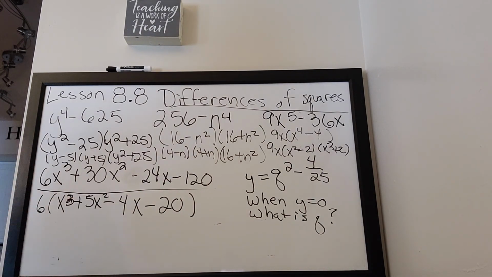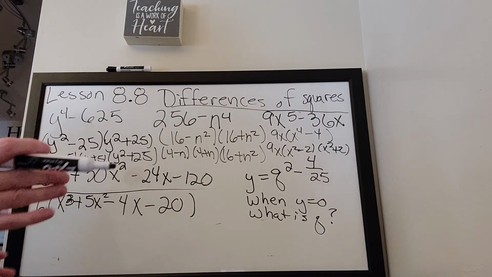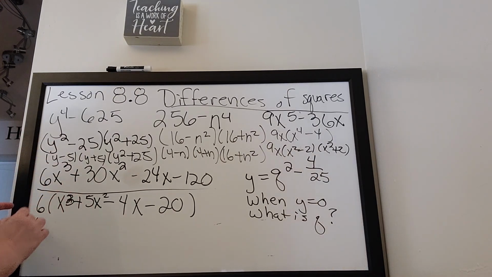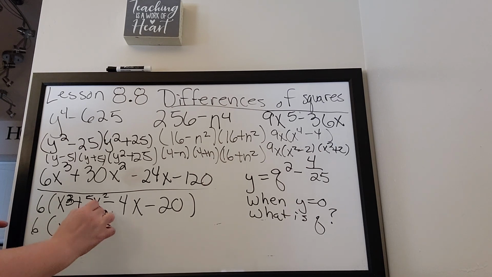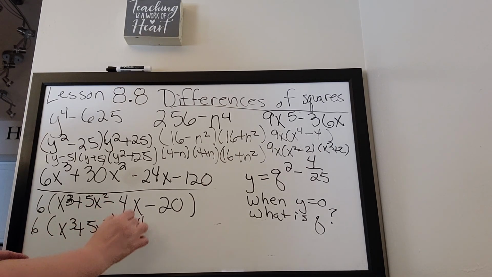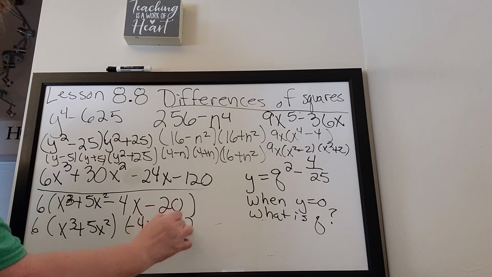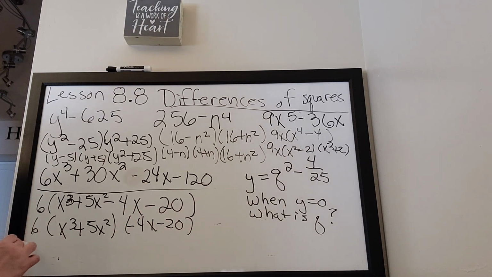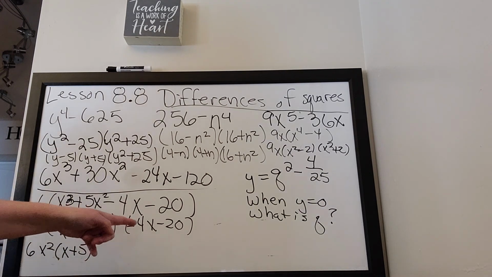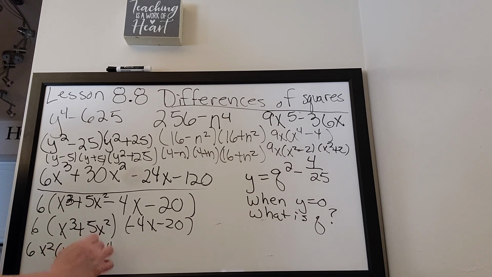And we can split these up like we do when we're factoring ones that we've done. So I'm going to split these up into x cubed plus 5x squared and negative 4x minus 20. I can pull out an x squared here, and I'm left with x plus 5. I can pull out a negative 4 here, and I'm left with x plus 5.